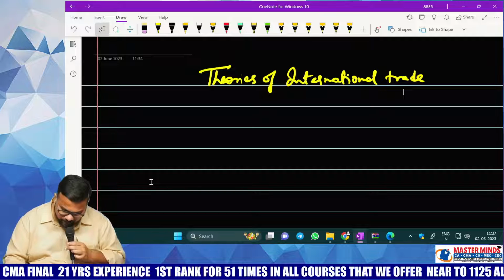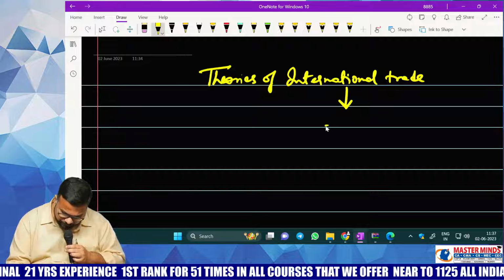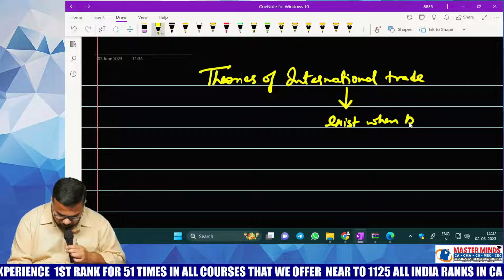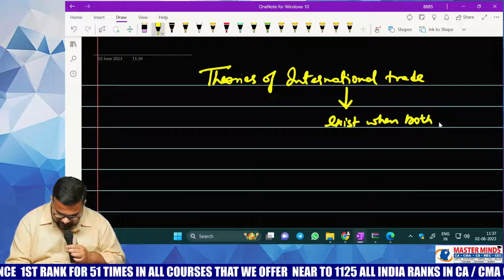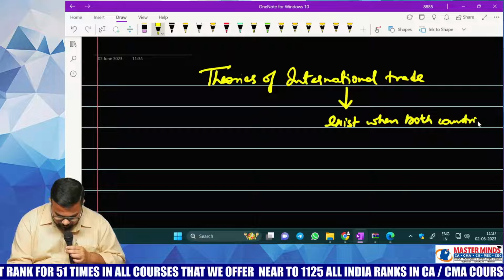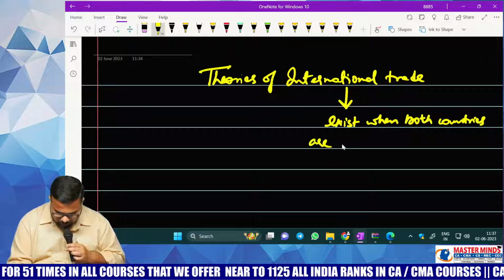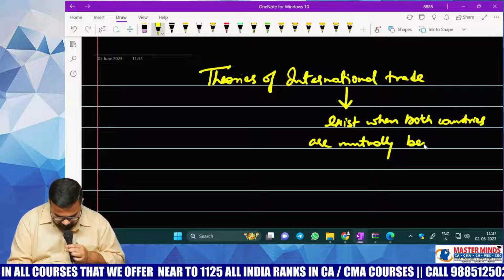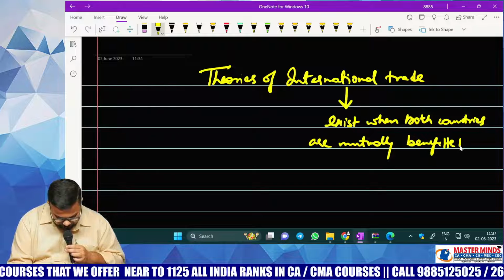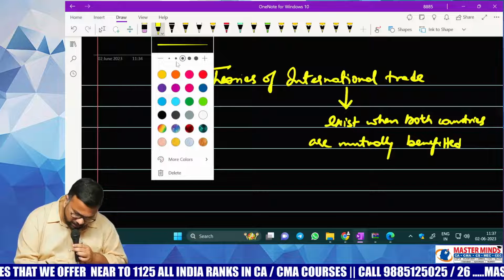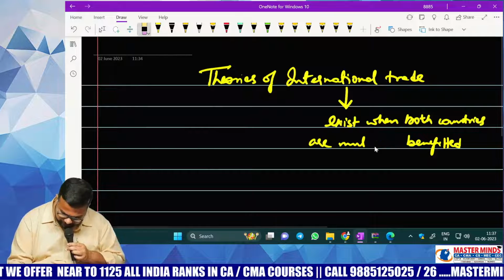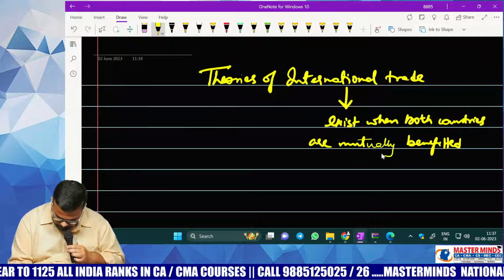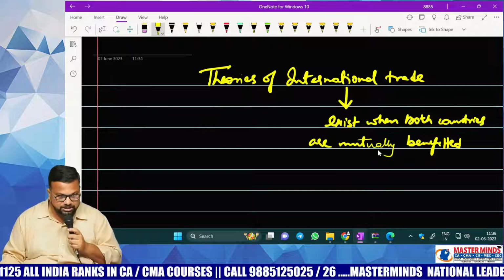According to them, international trade exists when both countries are mutually benefited.